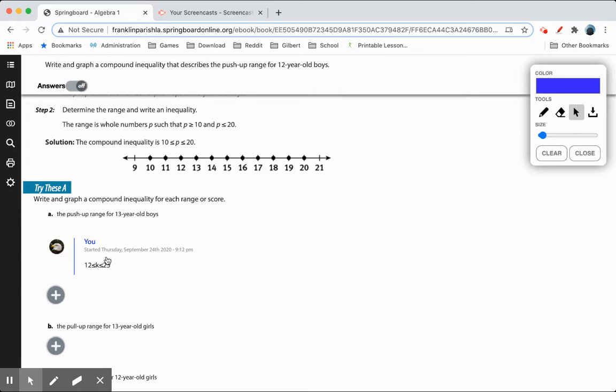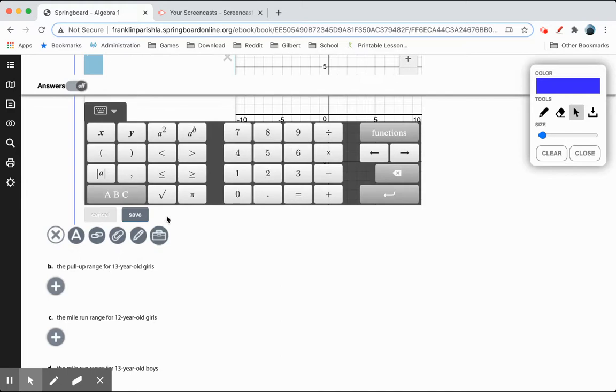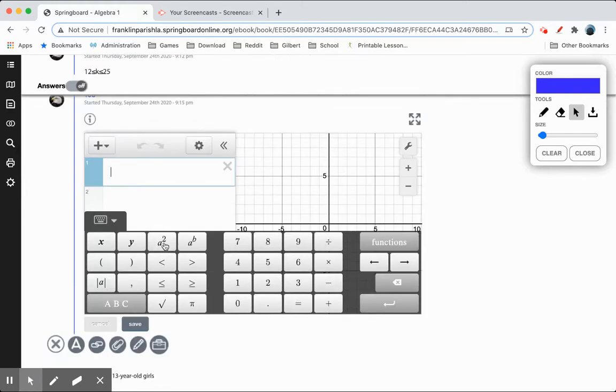Okay, now we also have to graph that. So instead of drawing, I'm going to go over here to the Desmos graphing calculator. I'm going to say 12 is less than or equal to x, which is less than or equal to 25.